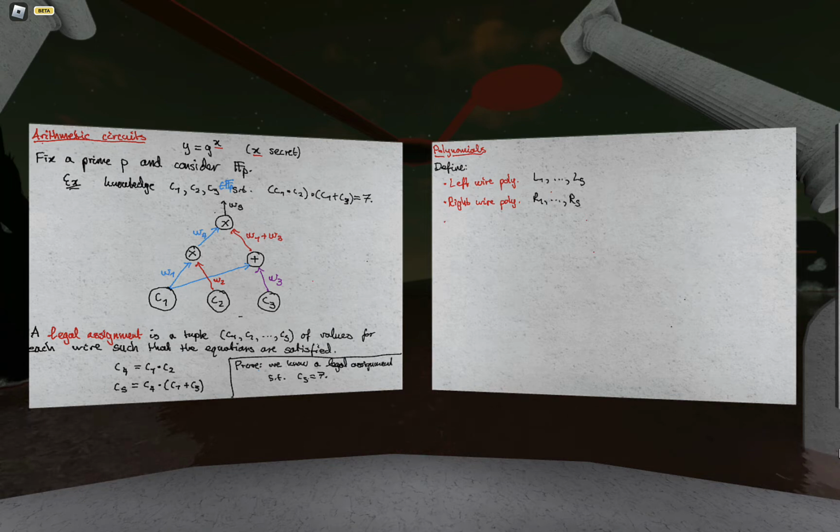And I'm going to have some output wire polynomials, O1 to O5. Okay, so we have one polynomial per wire.